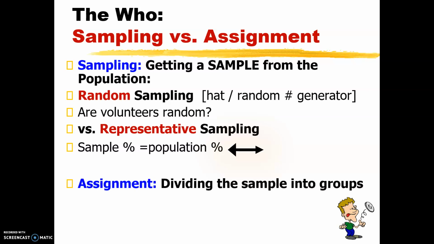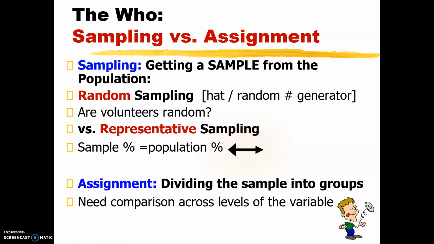And so we've got random sampling, and we've got random assignment. I've already selected my groups, but when I assign people to experimental or control groups, I need to randomly assign them to that as well. There needs to be a comparison across all the levels of the variable. So if I want to look at student grades, I need to have people represented in each of those.